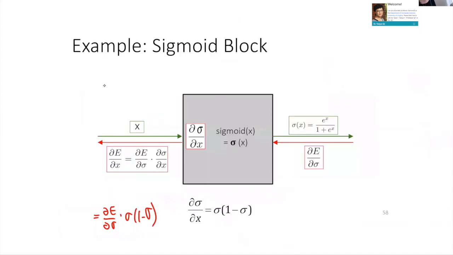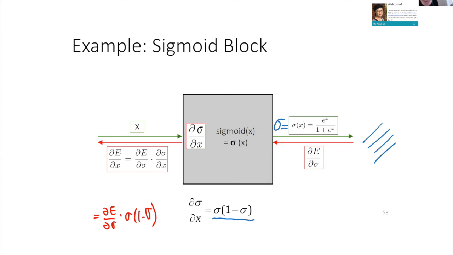So actually this is the sigma layer, so I have an E, and I can calculate this E versus that. I used H before, but that's fine, I'm using the sigma now. So I got this E versus the sigma from all the layers here. And then I have this sigma versus the X, which essentially is sigma times 1 minus sigma.